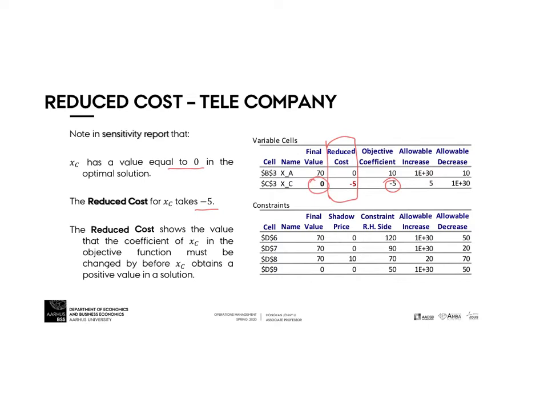This reduced cost of minus 5 shows the value by which the coefficient of xc in the objective function must be changed before xc obtains a positive value in the solution. So if the reduced cost is minus 5, that means you need to improve your contribution margin by 5 units.